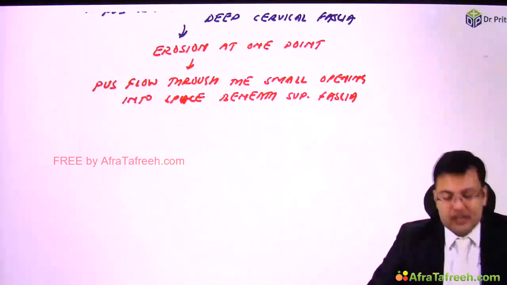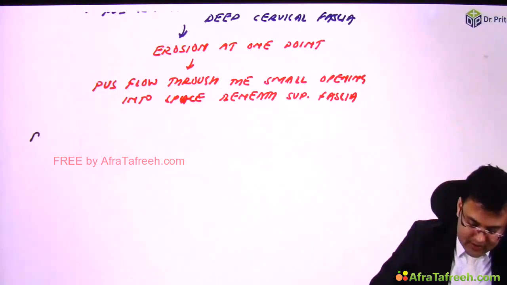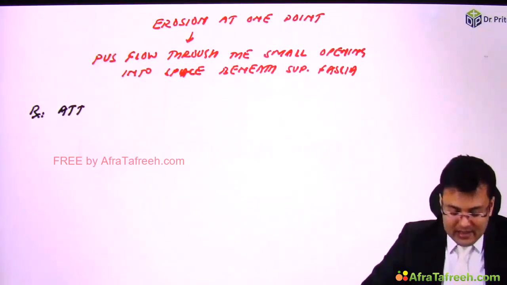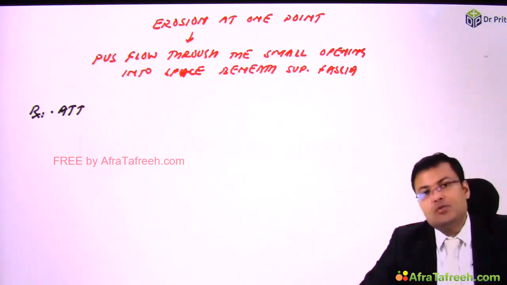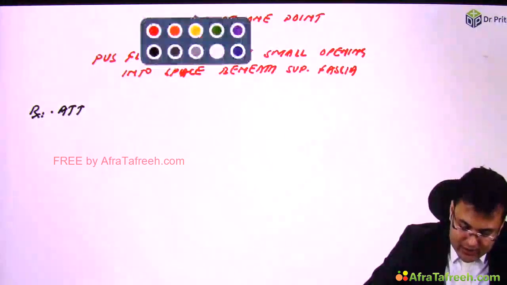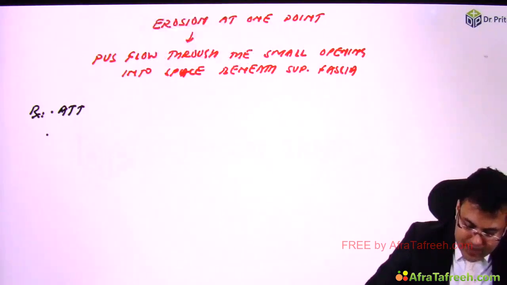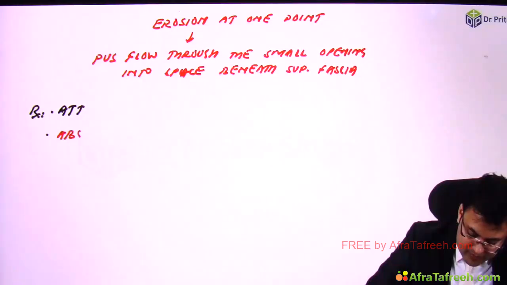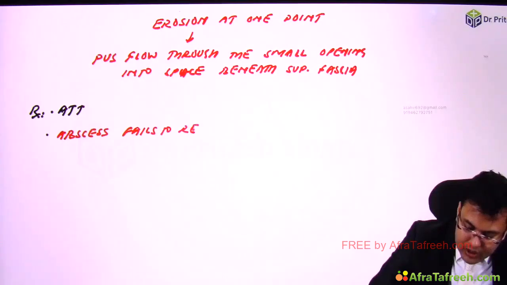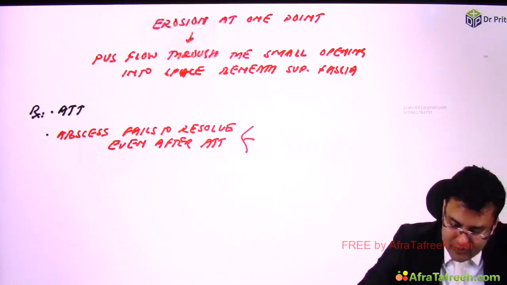Question: how are we going to treat tuberculous lymphadenitis? Obviously the treatment is ATT. So we have to go for ATT. Sometimes the abscess fails to resolve even after ATT. If there is no improvement, or the abscess fails to resolve even after ATT, in these cases what do we have to go for?